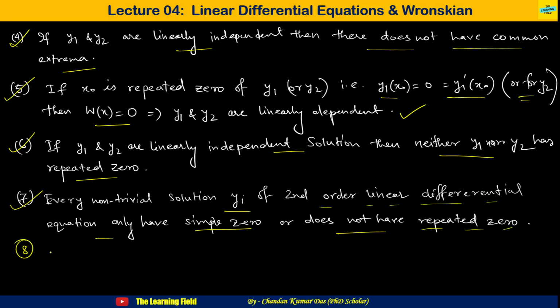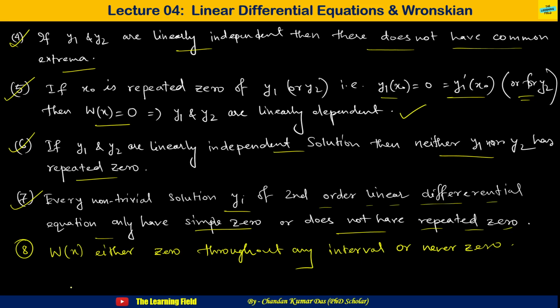Now I forgot to write one. What is that? The Wronskian of any function W(x) is either 0 throughout the interval, this is a very basic result, or never 0.